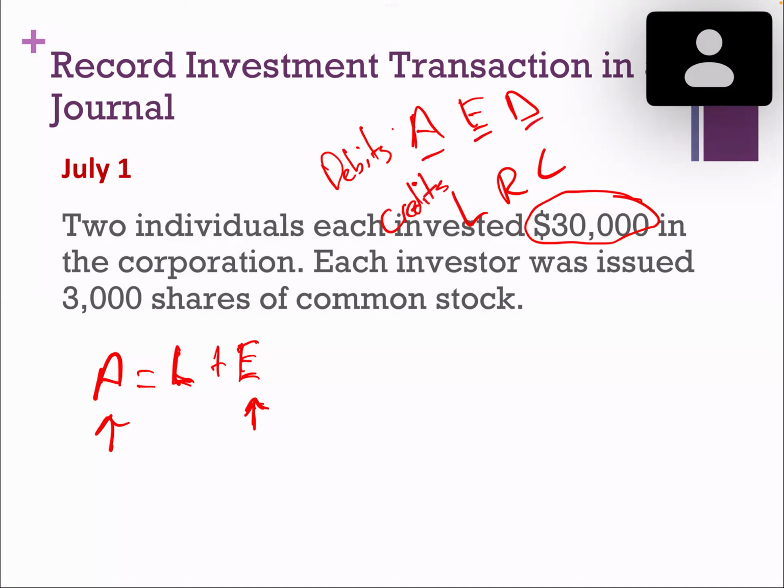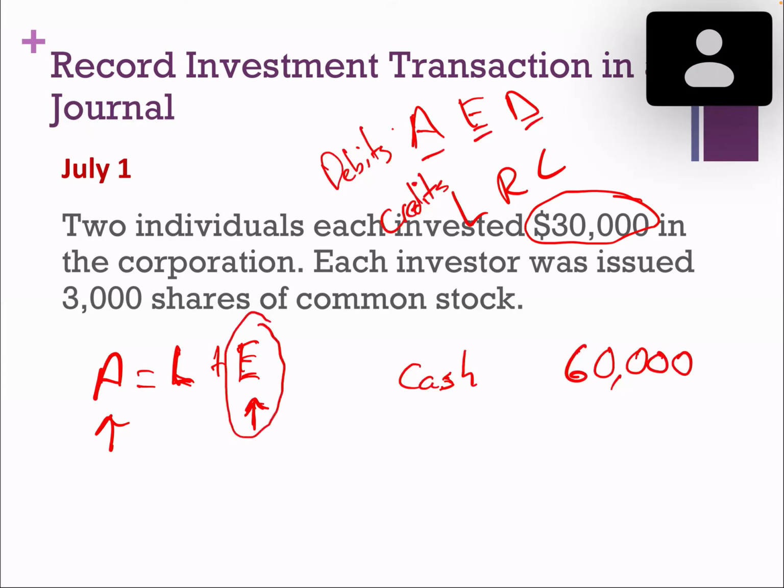Okay, so cash is an asset, right? It has future value to the business. It's a resource to the business. So we would debit that account, cash, for $60,000. And then we've got to increase this equity account.